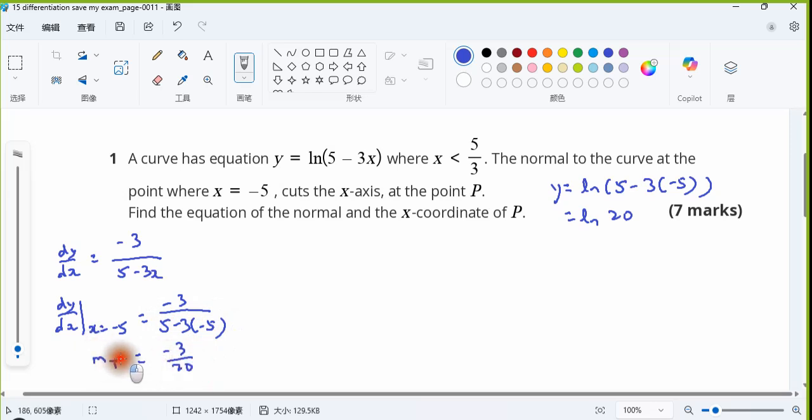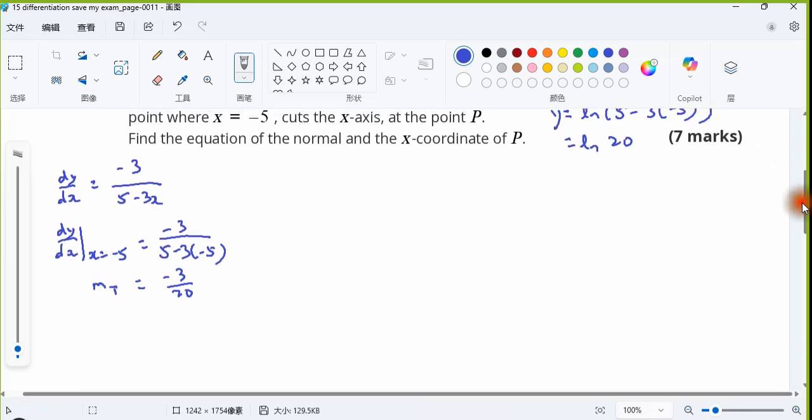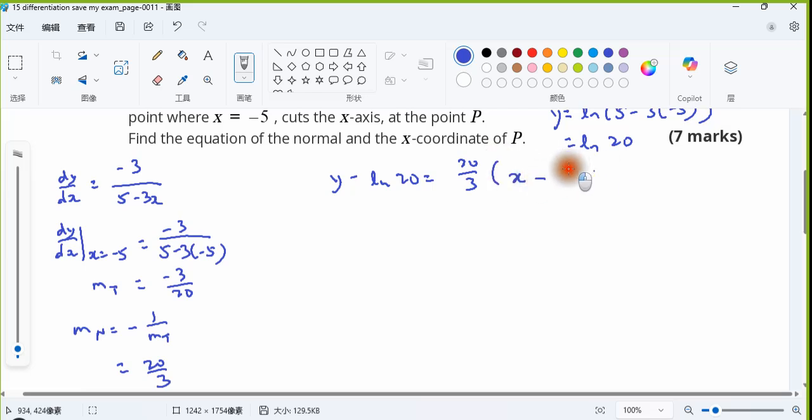This is the gradient of the tangent. And then the gradient of the normal is negative 1 over the gradient of the tangent, which will be 20 over 3. So we have y minus ln 20 equal to 20 over 3 times (x minus negative 5).